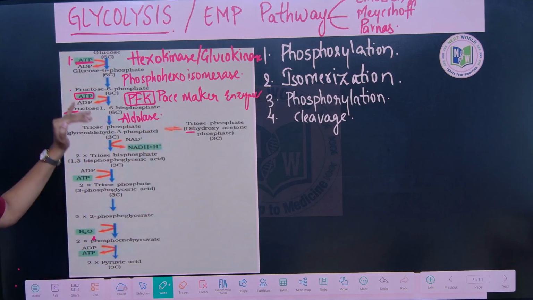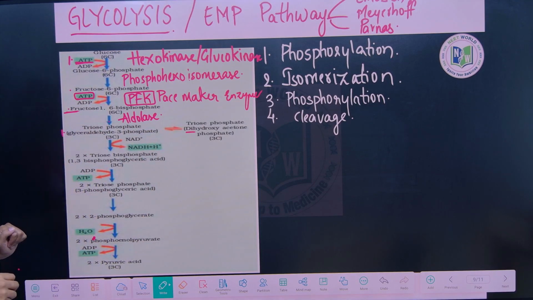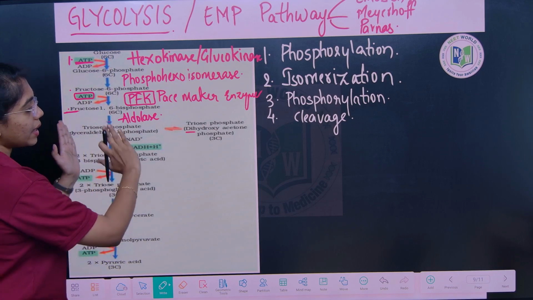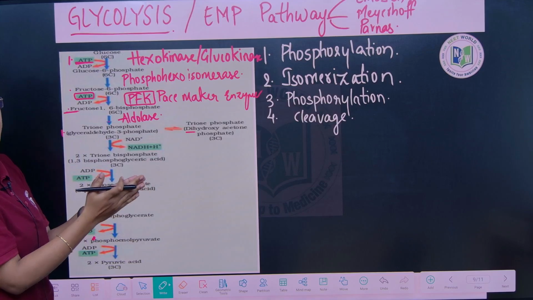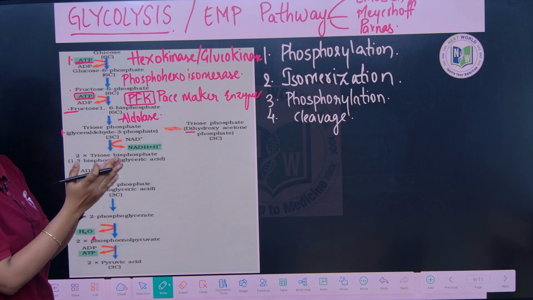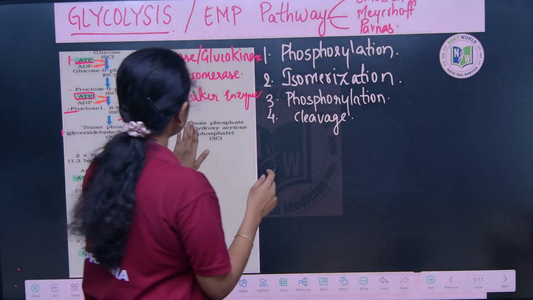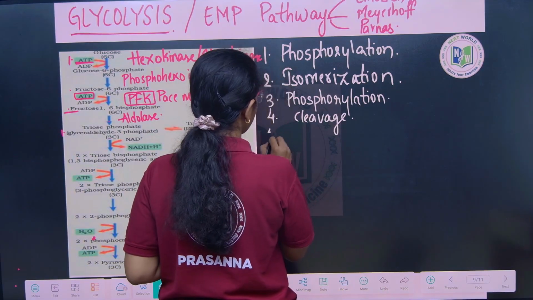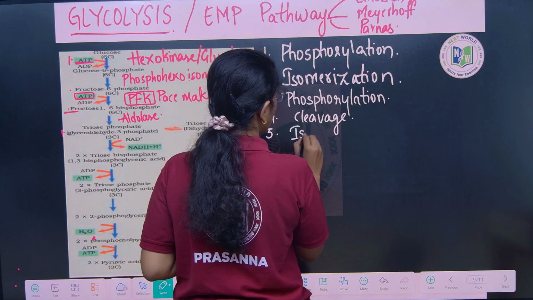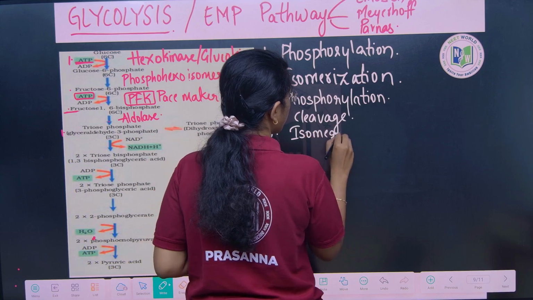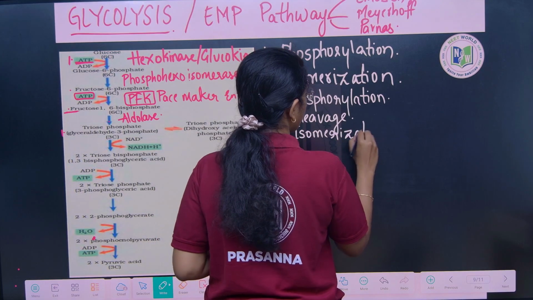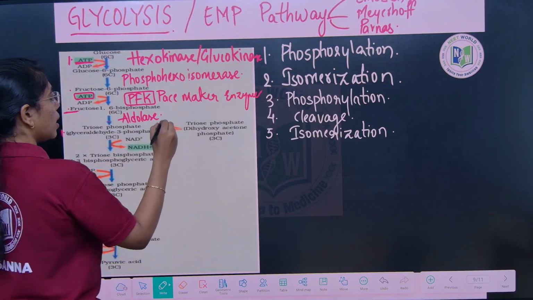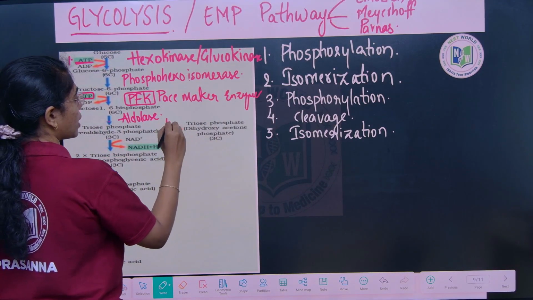Clear till here? Now, the fifth step: glyceraldehyde 3-phosphate can be isomerized with the other 3-carbon molecule, dihydroxyacetone phosphate. The fifth step is isomerization, catalyzed by the enzyme glyceraldehyde 3-phosphate isomerase.